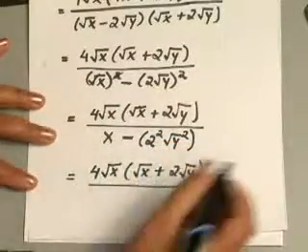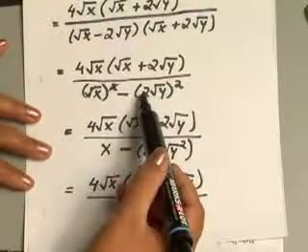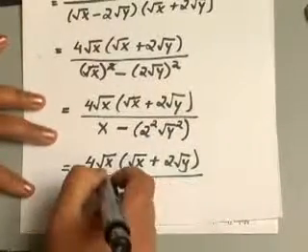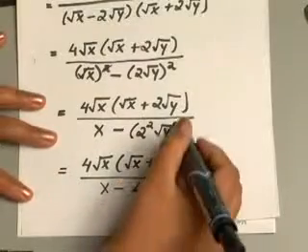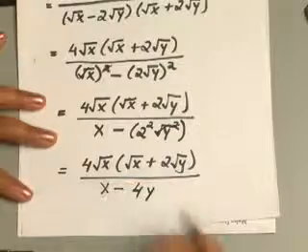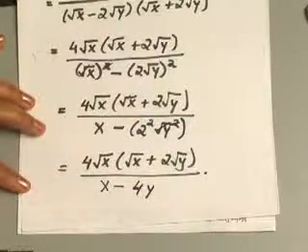Now if 2 was inside the radical sign, then it wouldn't be a problem, but since 2 is independent, you have to make sure that you square the 2 also, and you will end up with x minus 4, and this is where the square root of y and the square cancel out, and you end up with x minus 4y in your denominator. Okay?